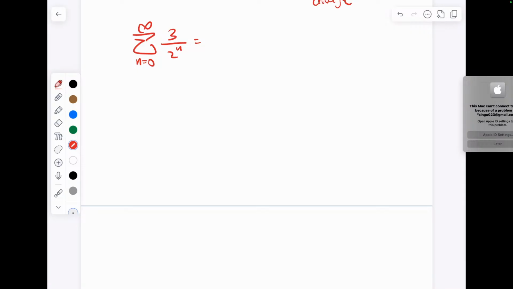If you don't want to start at 0, there is another way to write this. You can do n equal to 1 to infinity, and this one's a times r to the n minus 1. That's the same thing, because you can start at the first term.